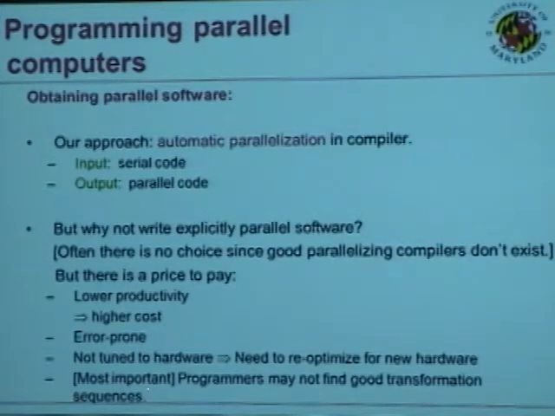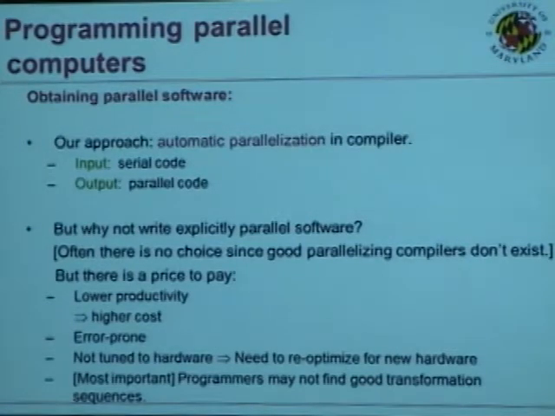And then the last one, this is perhaps the least well known, is that programmers actually may not find good transformation sequences to get good performance. Now, there's this belief out there that a skilled programmer will always produce better code than even the best compiler.